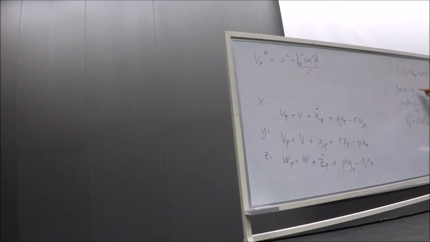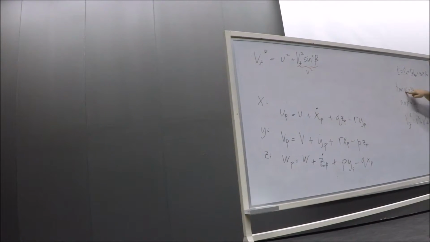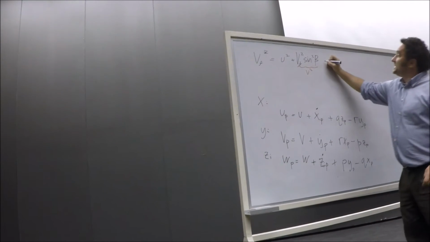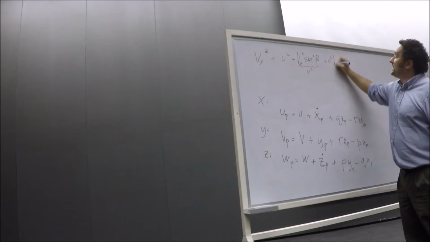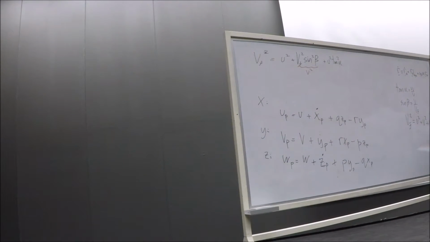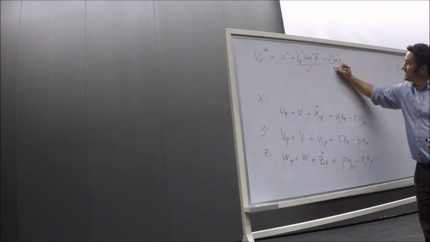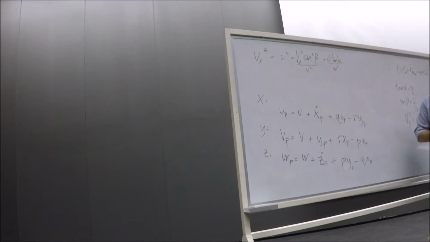And then we know that W is equal to U times the tangent of the angle of attack. So this becomes plus U square tan square alpha, which is W square.